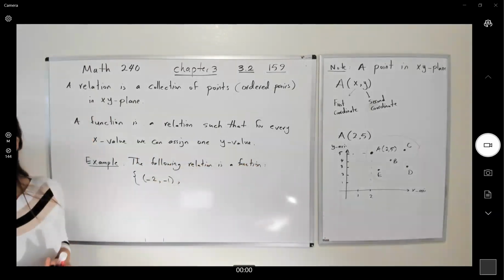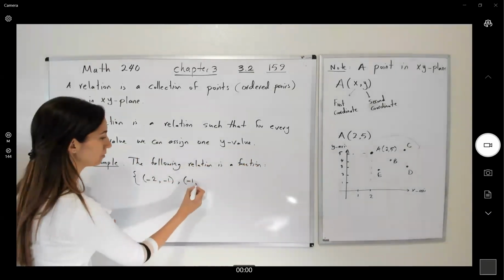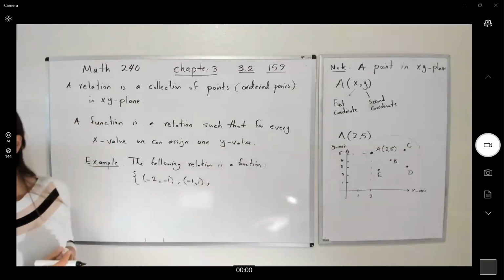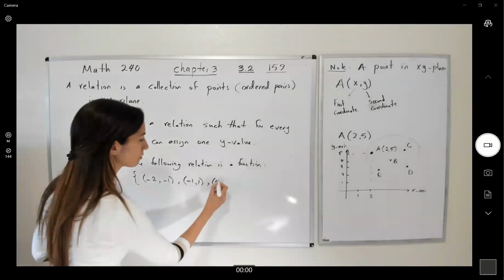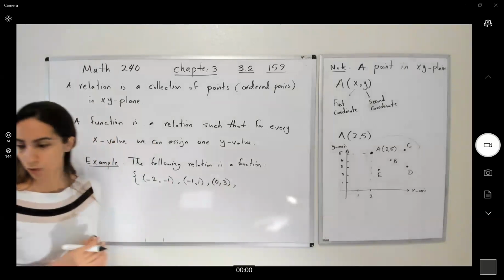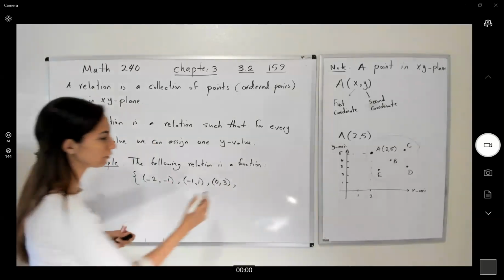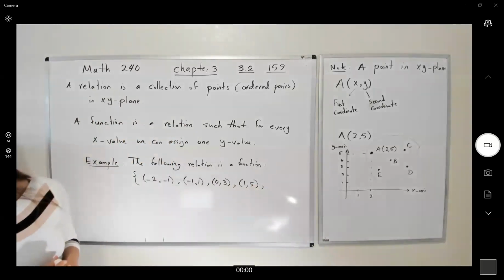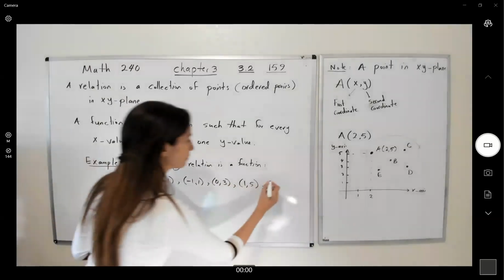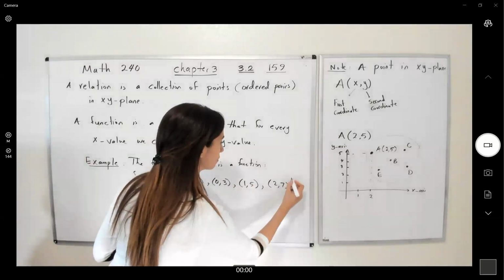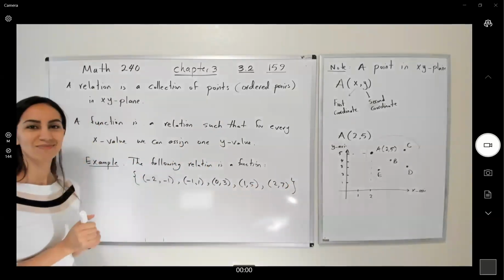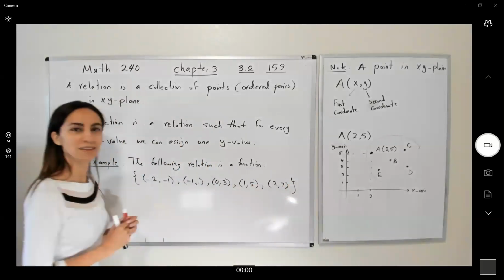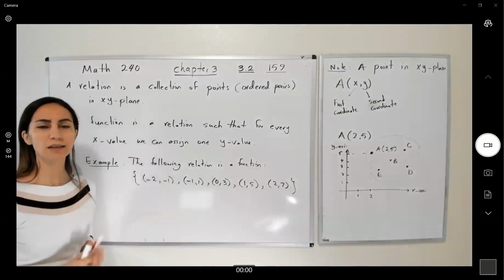Then you have -1 and 1. Then you have 0 and 3. You also have 1 and 5. And you have 2 and 7. This set or this collection is a relation.